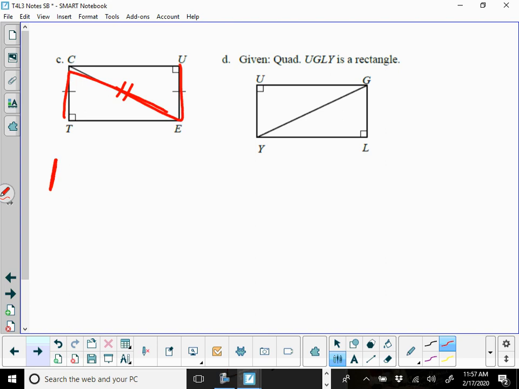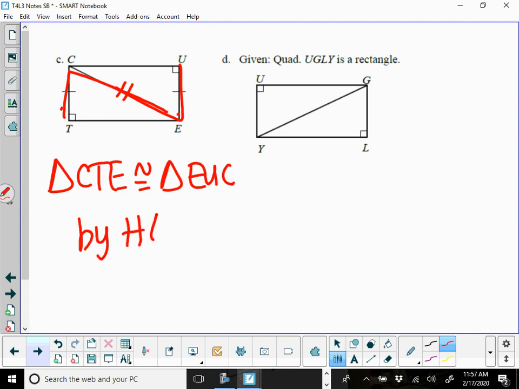So it's going to be triangle CTE is going to be congruent to triangle EUC. Okay, and that is by HL again.